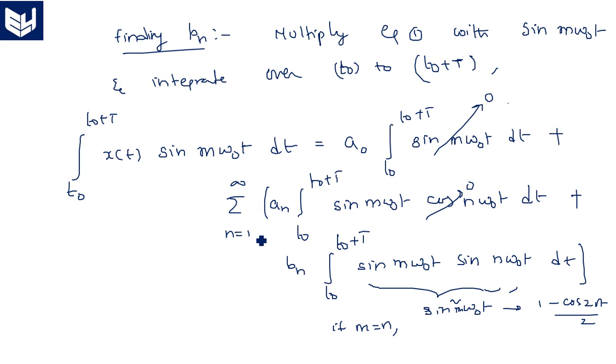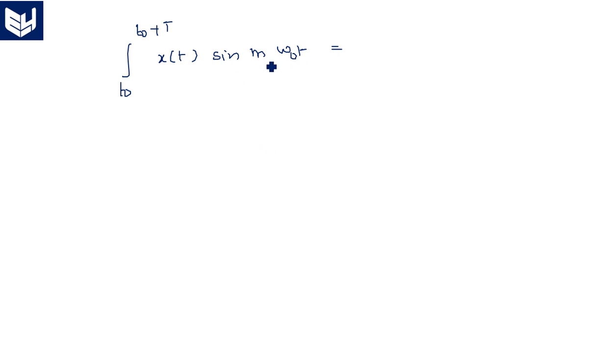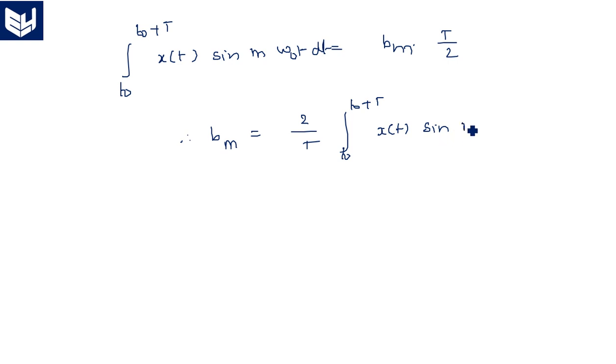That means out of these n equal to infinite values, we are taking n equal to m and substituting, then it becomes a sine square dt. So on the right hand side we have bm. After integration, it is left with t by 2. Therefore bm is equal to 2 by t integral t naught to t naught plus capital T x of t sin m omega naught t dt.